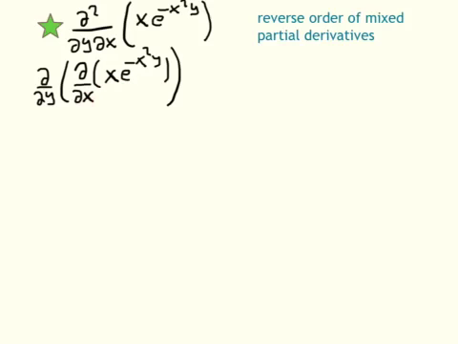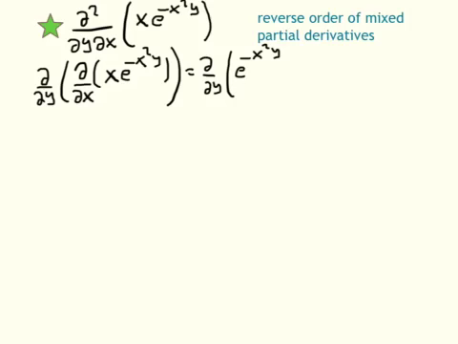So it's clear that we now immediately in the first step need to use the product rule. So we have d by dy of, the first term is very simple, it's just x, so we're going to get 1 times e to the minus x squared y.